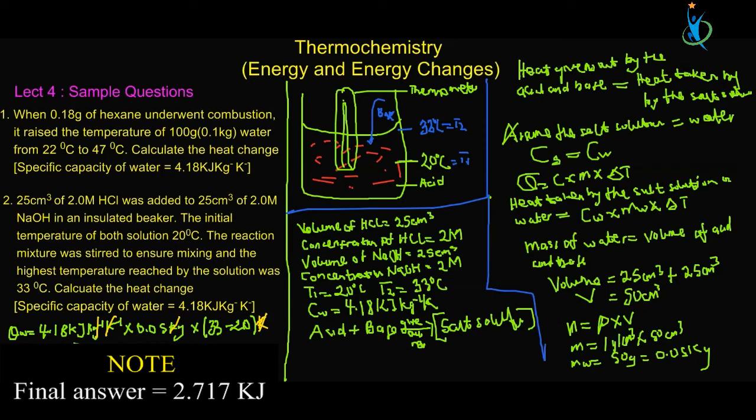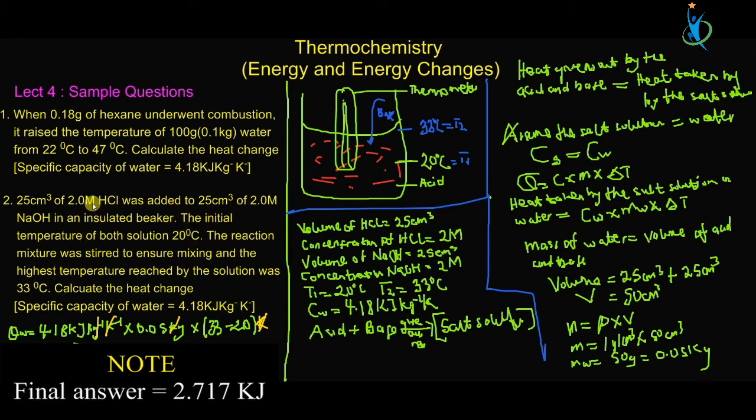We have made a lot of assumptions here, but it will be very close to the answer, even when you use the precise thing. What you have to understand is that in a neutralization reaction, the volume of the acid can be said to be the volume of water, and the volume of the base can also be said to be the volume of water, because a large amount of it comprises water, and the solid acid or solid base itself is very small inside.